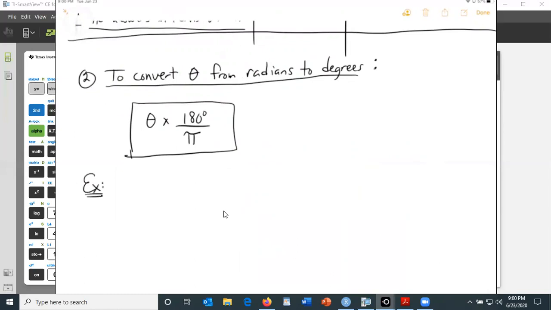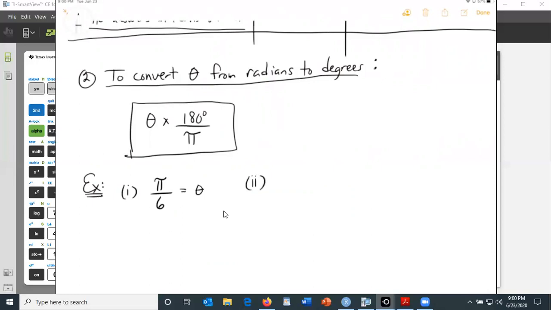Okay, so let's do a couple of examples of how to do this. Number 1, what about pi over 6? So that looks like a radian angle because it involves pi. Whenever you see pi, think radians. So this is radians, and that's my theta.